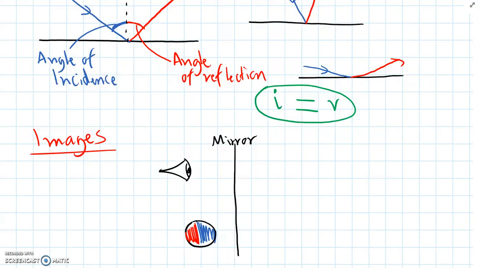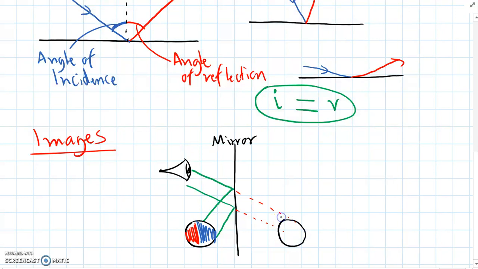The light that hits the ball and goes into our eye will follow the law of reflection. But our eye and our brain thinks, or it makes us believe, that there is a ball inside or behind the mirror.